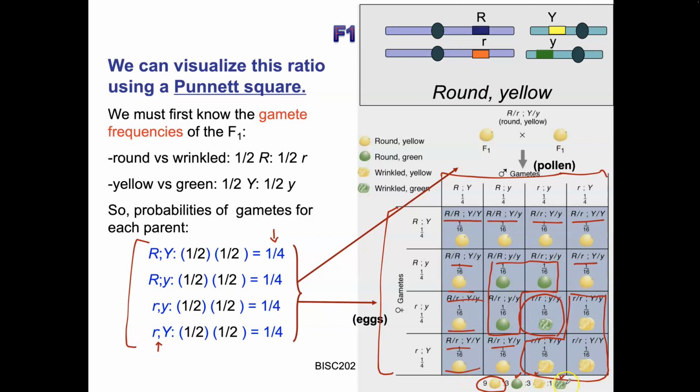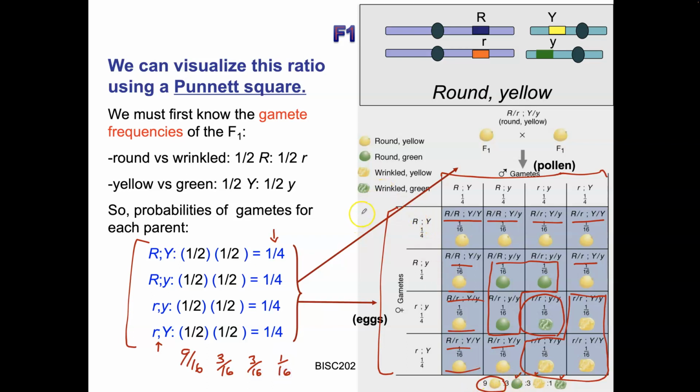So you have probably heard of the 9-to-3-to-3-to-1 ratio. 9/16 is both dominants. 3/16, one of the dominants, but the other is recessive. 3/16, the other one is recessive, but the second one is a dominant. And then 1/16 for all the recessive, both recessives.